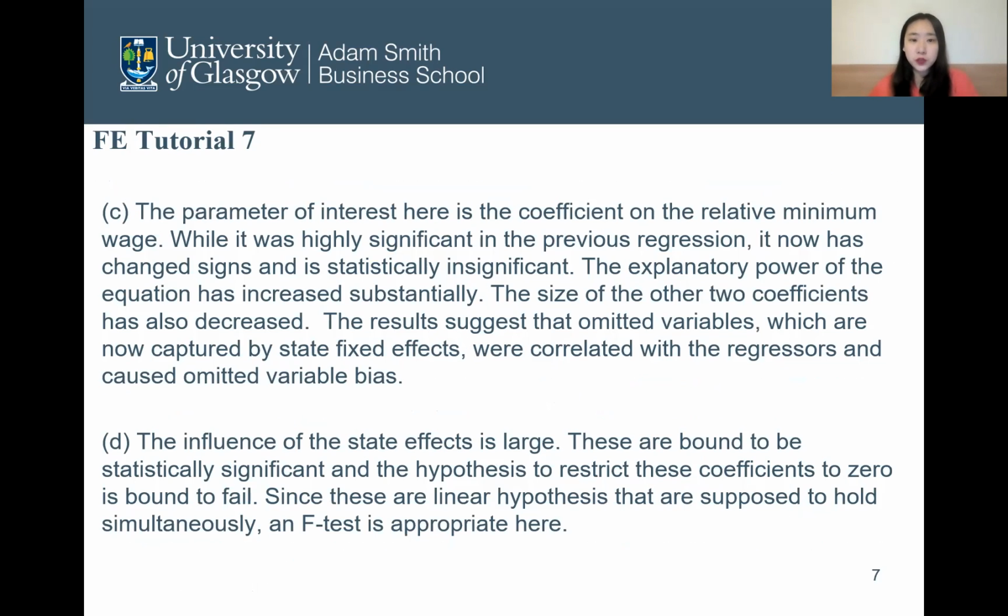The parameter of interest here is the coefficient on the relative minimum wage. It was highly significant in the previous regression. It has now changed and is statistically insignificant. The explanatory power of the equation has increased substantially.